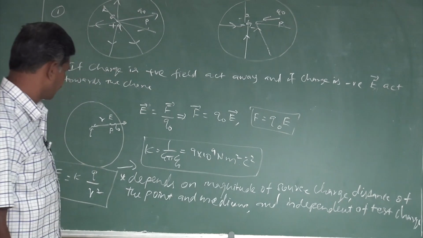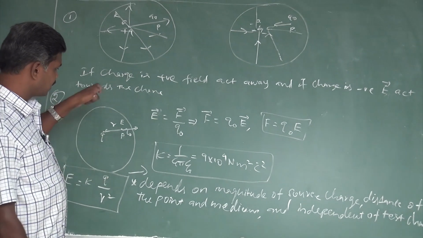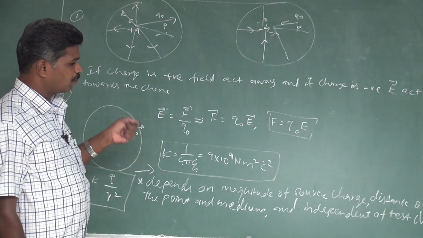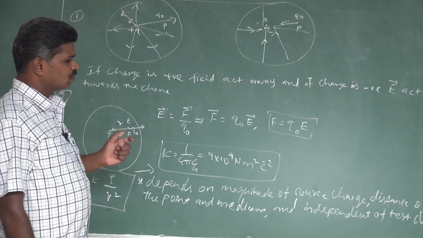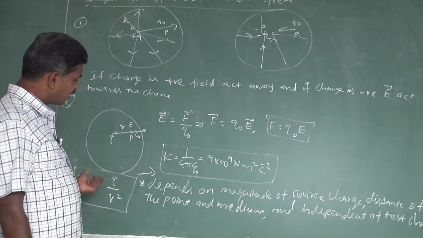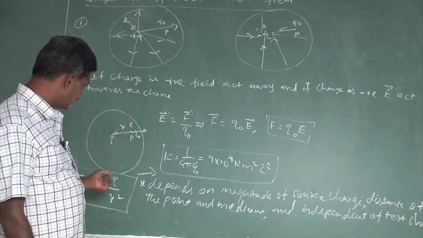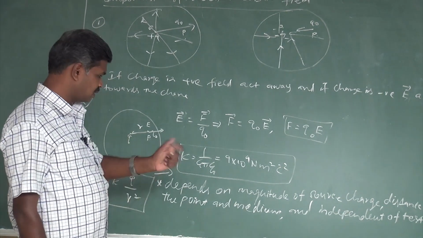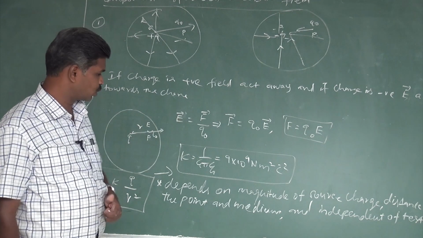So the value of the electric field intensity at a point depends upon the magnitude of the source charge. If you increase the charge magnitude, the field intensity increases. If you decrease it, the field intensity decreases. If the distance varies, the field intensity also varies.